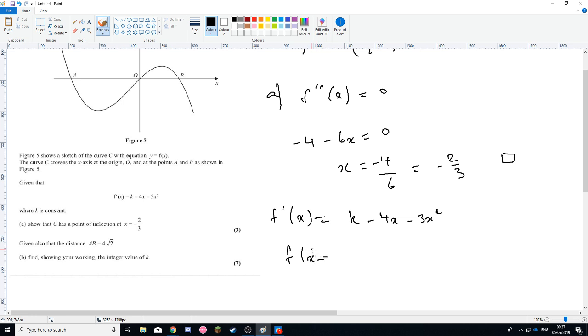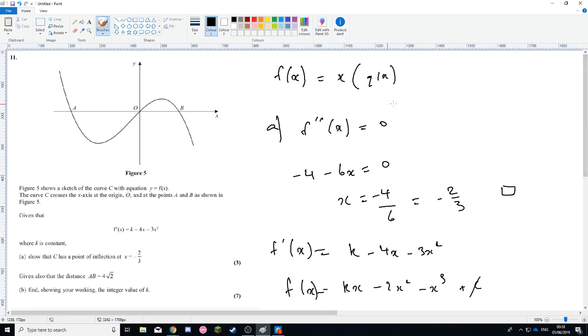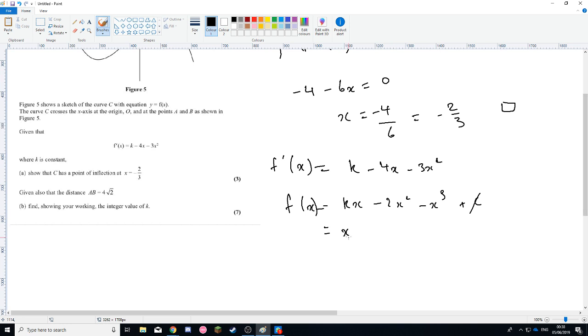It's equal to kx minus 2x squared minus x cubed plus c. But the key thing here is that we know there is no c. Haha, pun. So f of x, factoring out x, which I initially said it can be written as, is x times k minus 2x minus x squared.